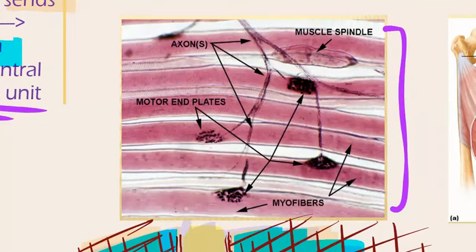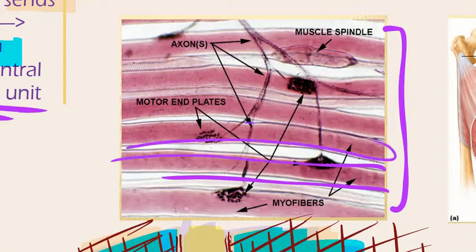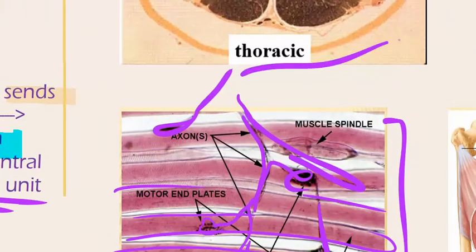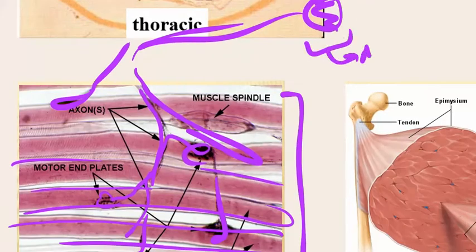So you have all these muscle cells, and these muscle cells are being innervated, and this innervation is coming from one motor neuron.